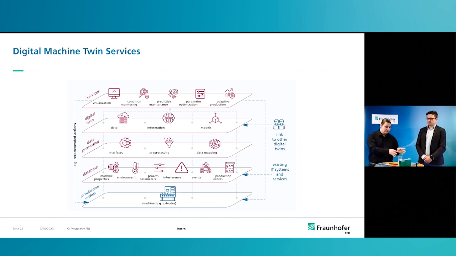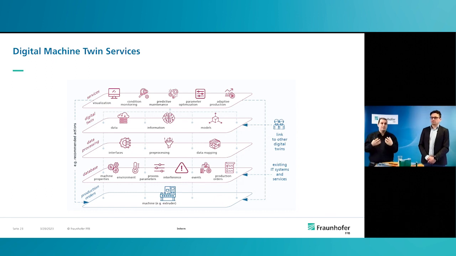We have been talking about that in the question before: we need interfaces to have the interoperability of everything, and of course also data mapping, because if we, for example, have standards for describing something, we need to map our actual data information towards those standards to make them interchangeable. Also in case I change my service on the top layer, I don't want my whole data pipeline to be reinvented, and still want to use the same data pipeline.